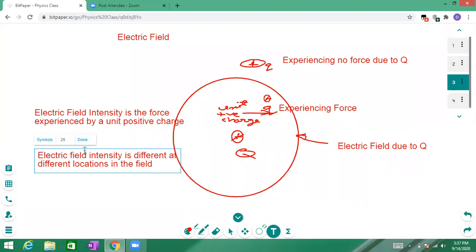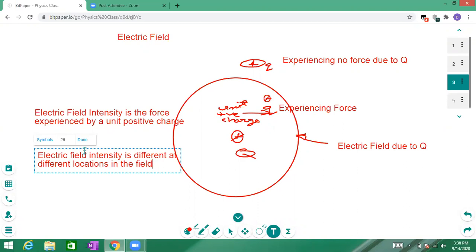So, in a uniform electric field, the electric field intensity is the same everywhere, not only in magnitude, but also in direction. That means in a uniform electric field, at two different points, the electric field intensity will have the same magnitude as well as the same direction.